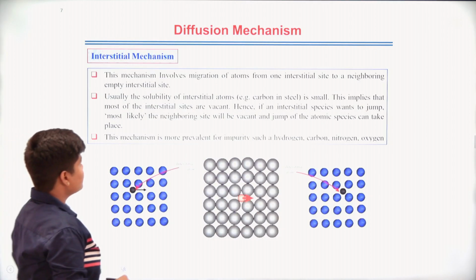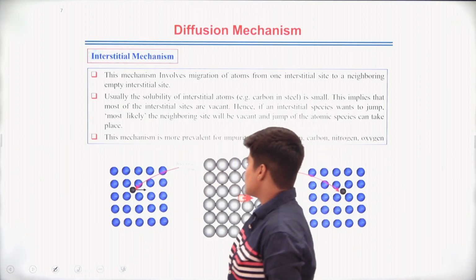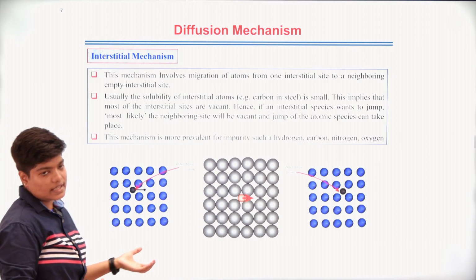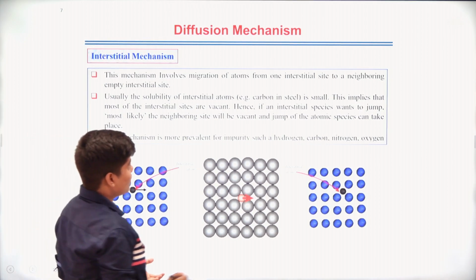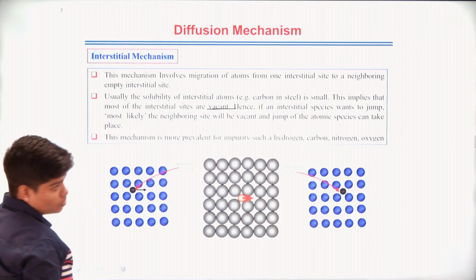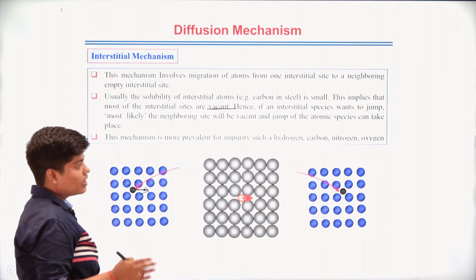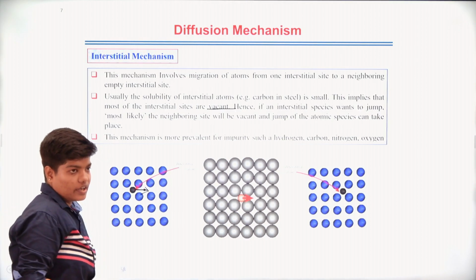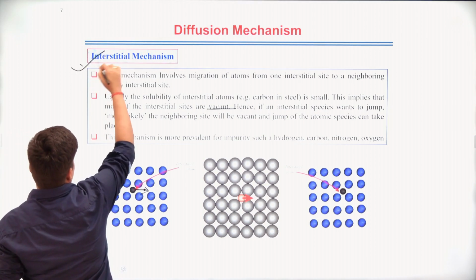Another one is the interstitial mechanism. In the interstitial mechanism, what will happen? In materials, if an impurity is present, let's say carbon in steel, there will be a lot of vacant sites, so the atom can move to an interstitial site from the regular lattice point. In that case, diffusion will occur and the mechanism is known as the interstitial mechanism.